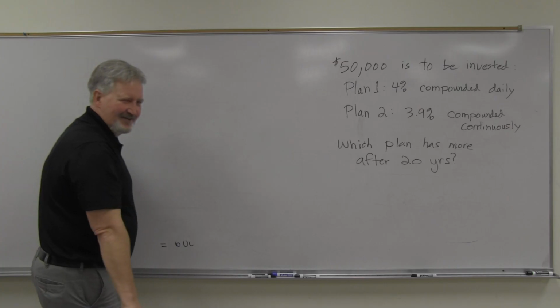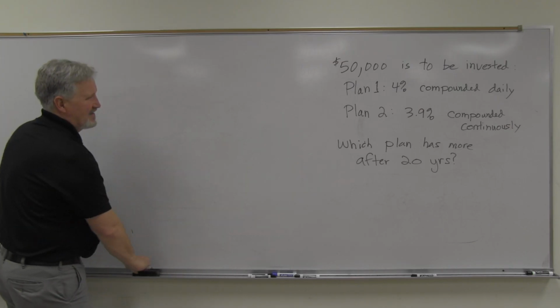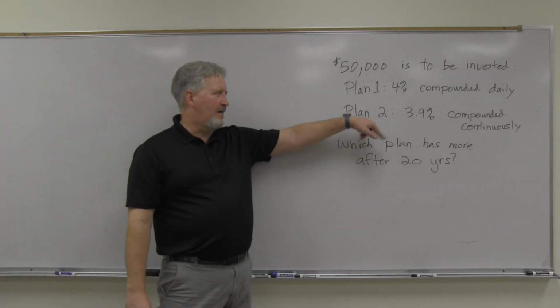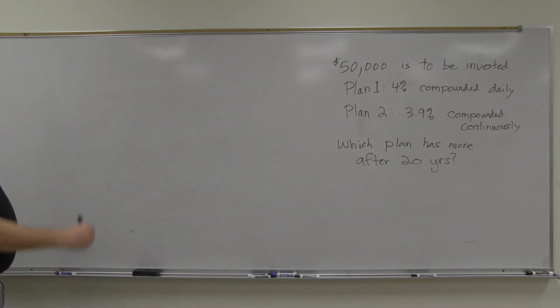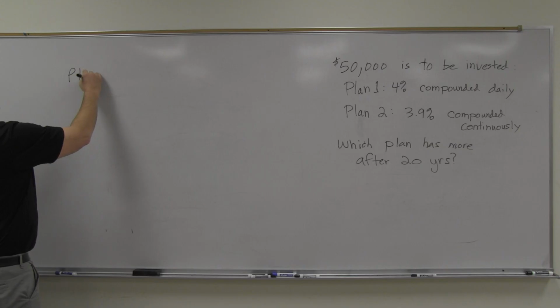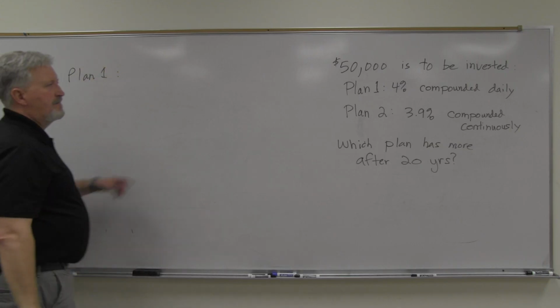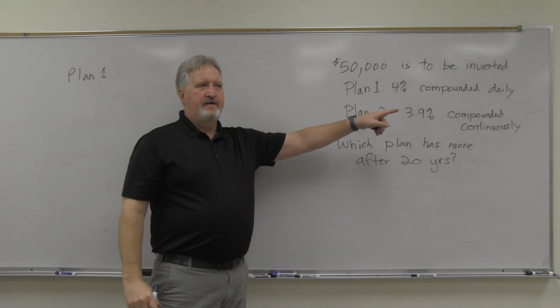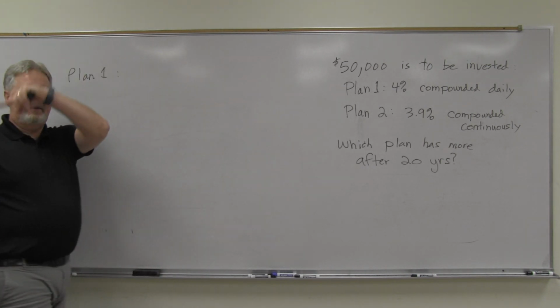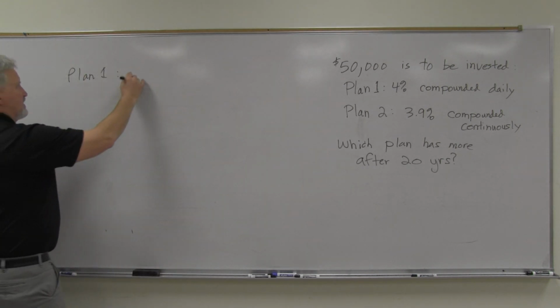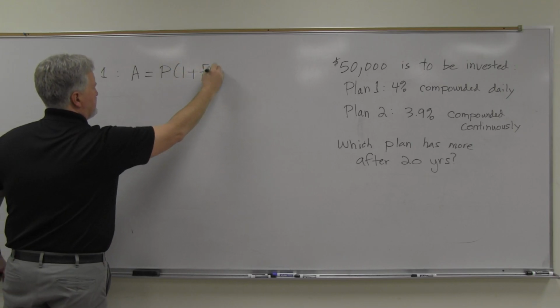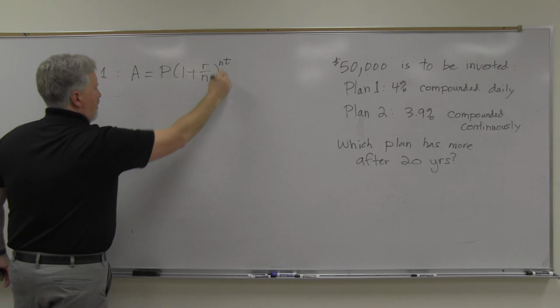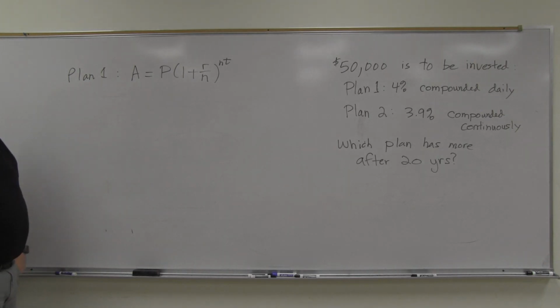Which do you think is going to have more? Compounding continuously is the better compounding, but you got a better rate. Let's see. All right, so plan 1 after 20 years: it's compounded daily, and so we have to go back to the first formula, A equals P times 1 plus r over n to the nt power.